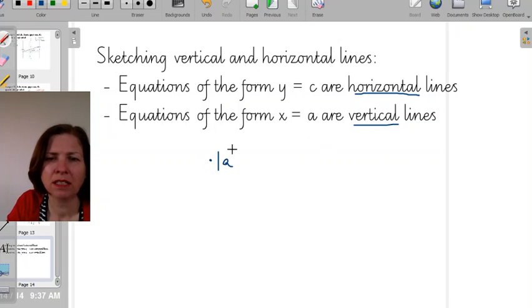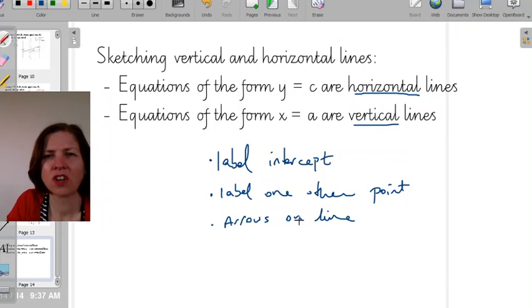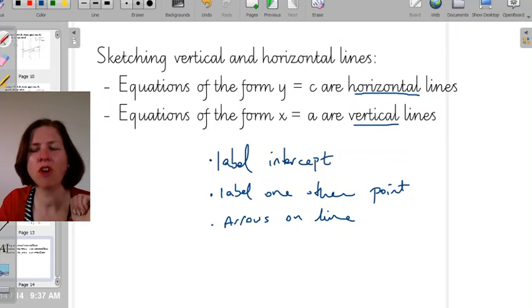And remember to label the intercept. And if you really want to be perfect, label one other point. And finally, remember to put arrows on your line. Okay, that's everything you need to know about sketching linear graphs.